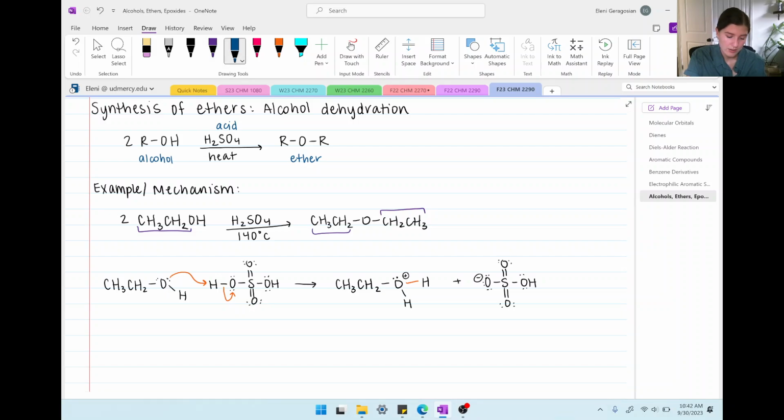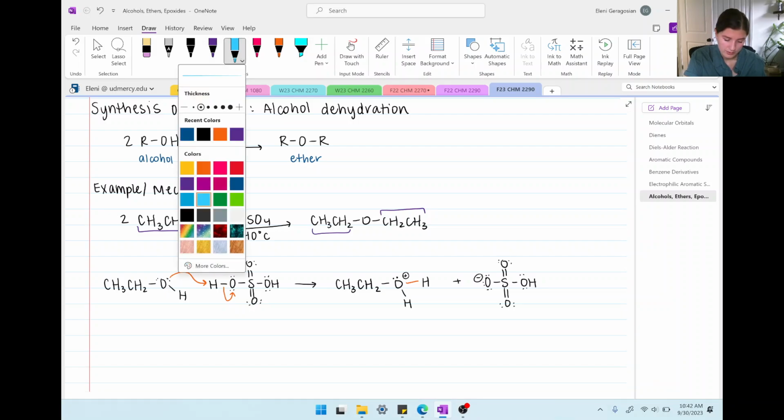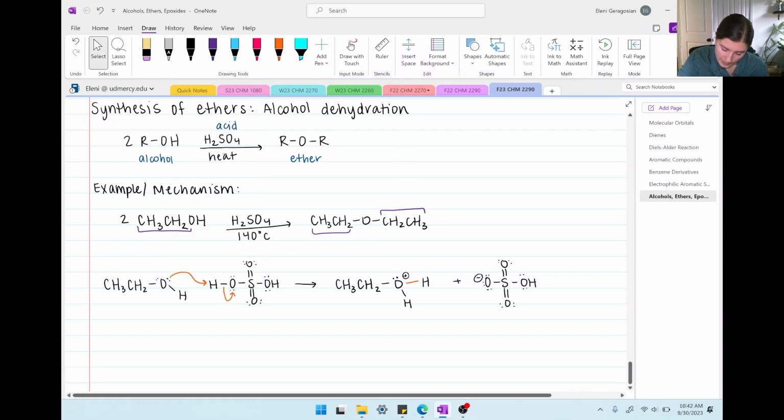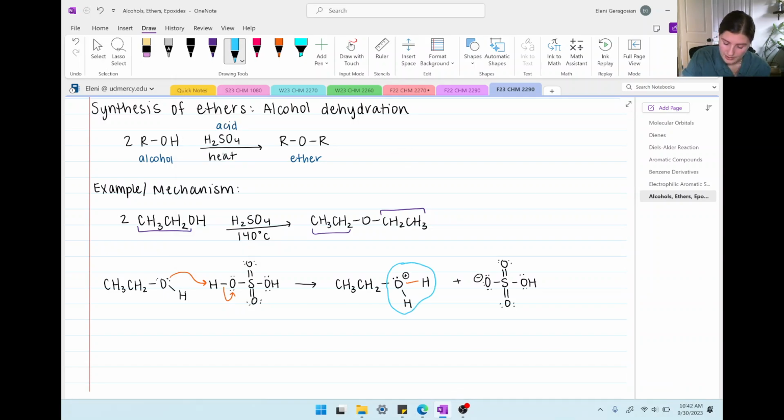So on this alcohol molecule, we now have an H2O group. This is a good leaving group. We've protonated alcohols in Organic Chemistry 1 to make good leaving groups. We will do this in future reactions this semester as well.